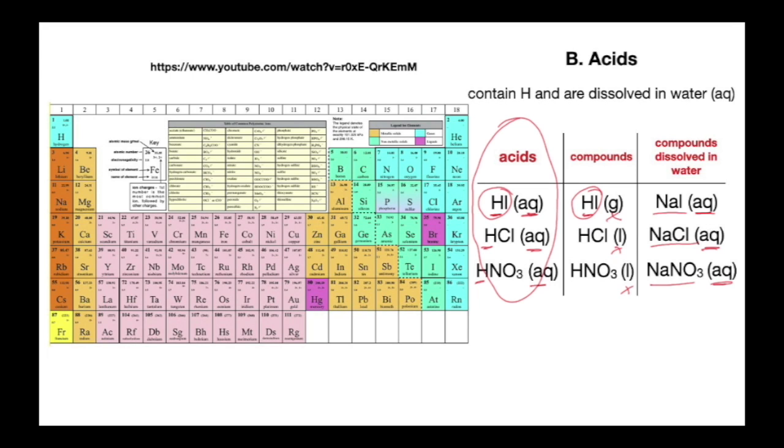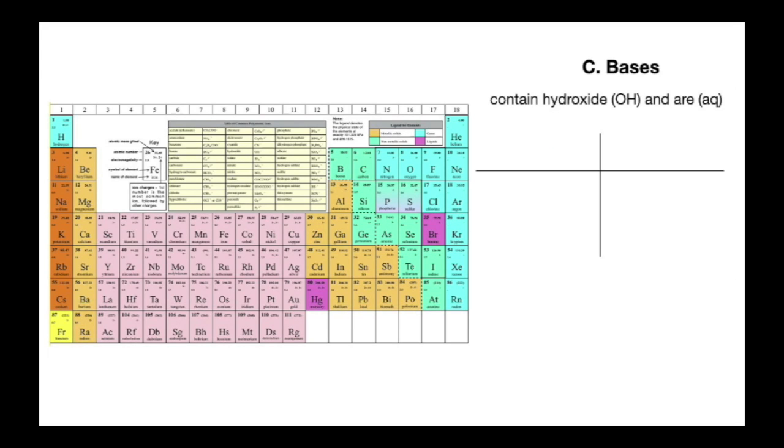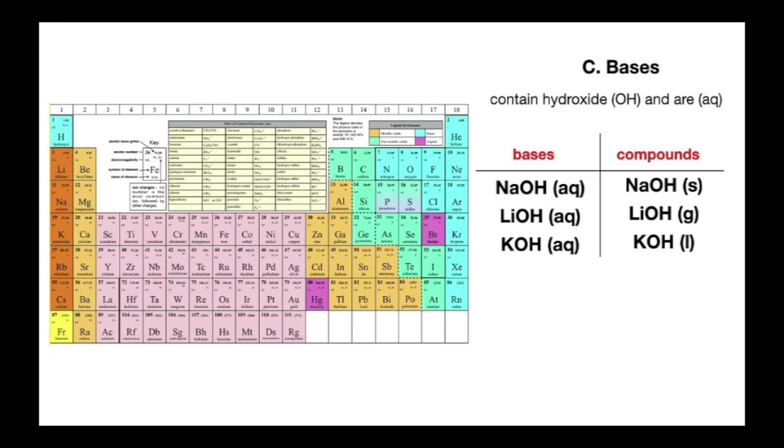All right, next one. Okay, bases. Bases contain hydroxide and are aqueous, are dissolved in water. So let me put up the examples. So hydroxide is this. It's actually an OH negative, but I'm not going to worry too much about that because once it's put into a compound with like this Na positive, you don't notice the negatives and positives, and that's a whole different story.